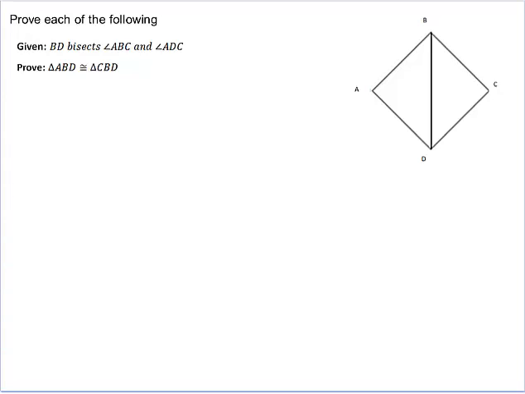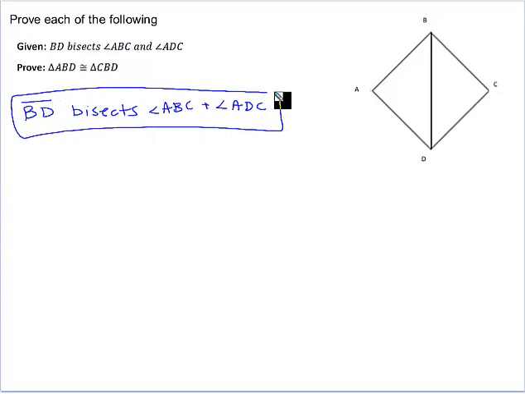For a flow proof, we're going to write down our given information: BD bisects angle ABC and angle ADC. We're going to box it in and write down given. Once we've done that, we're going to go over to our diagram and mark that.